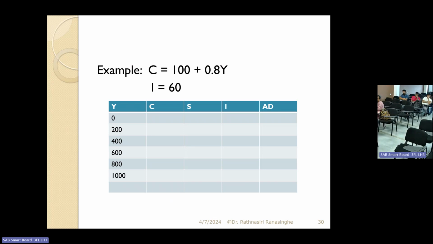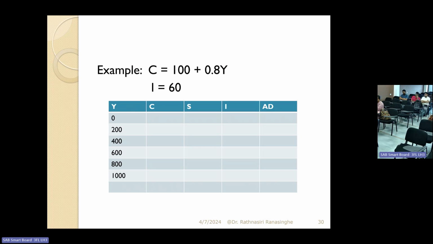Minus 100 means autonomous savings, and 0.2 means the marginal propensity to save, because our income is divided between consumption and saving. So MPC plus MPS equals 1. So you can fill the table by substituting the different income levels into the same function as well.